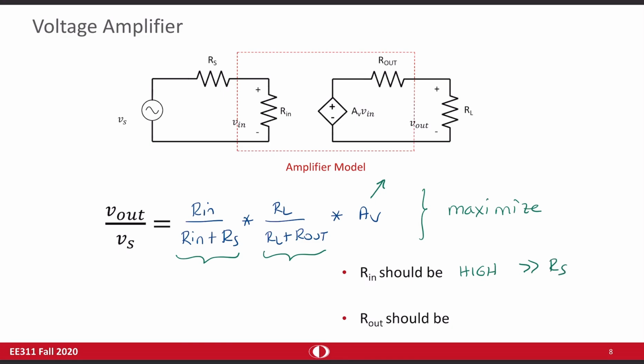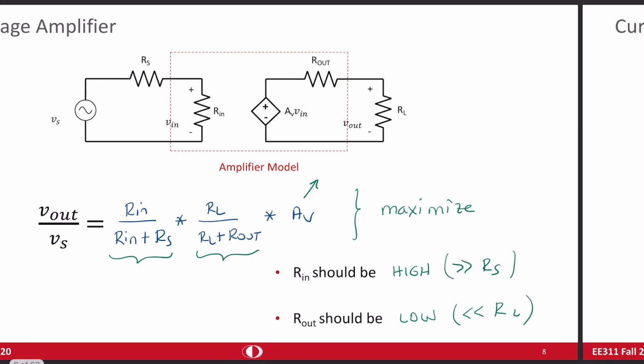Similarly, if you take a look at this part, if you make Rout 0, this term will be 1, maximized. If you cannot make it 0, then make it low, or much less than RL. Okay, so this is the requirement for a voltage amplifier in terms of input resistance and output resistance.